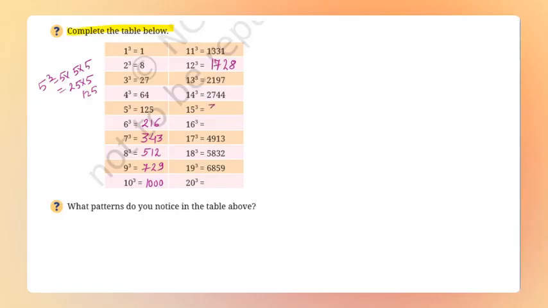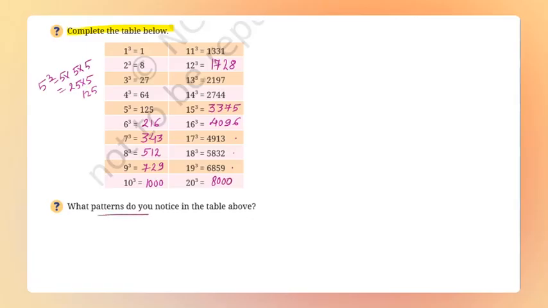So 15 cube is 3375. 16 cube is 4096. 17 cube is 4913. 18 cube is 5832. 19 cube is 6859. And 20 cube will be 20 times 20 times 20, which is 8000.